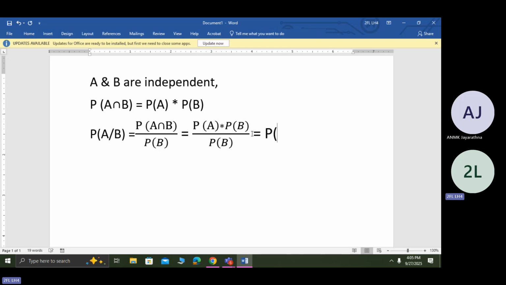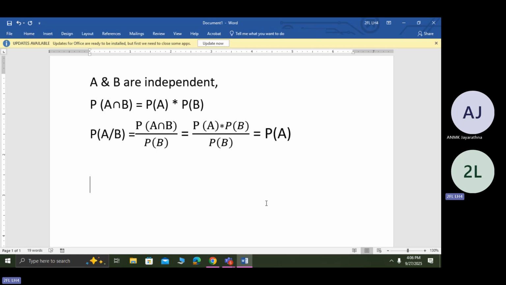Probability of A. A means which event here? Second event. Okay. Then if the given two events are independent and we need to find out the conditional probability, no need for any formula. It's directly equal to the probability of the second event. Understood? No need for this formula. Then directly you can say this is the probability.